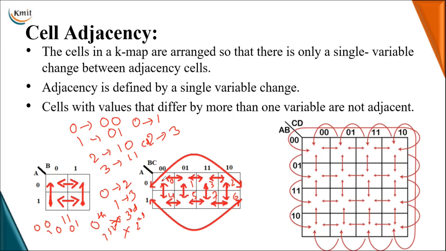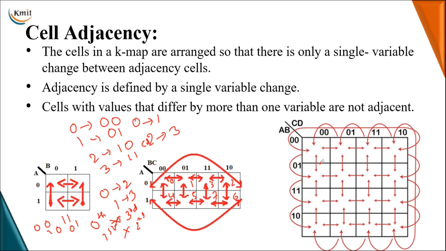As these are on the right side and the left side, the 0, 4 cells are adjacent to the 2, 6 cells, because 2, 6 are in the rightmost cells and 0, 4 are in the leftmost cells. So leftmost cells are adjacent to rightmost cells, hence 0, 4 are adjacent to 2, 6.